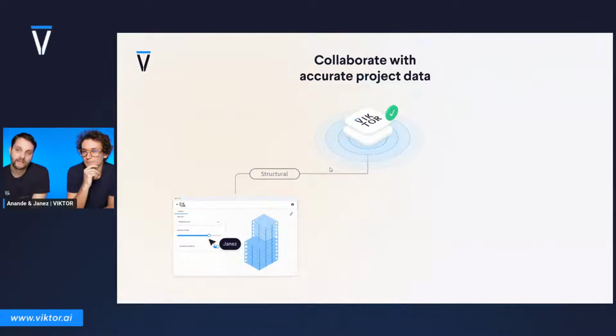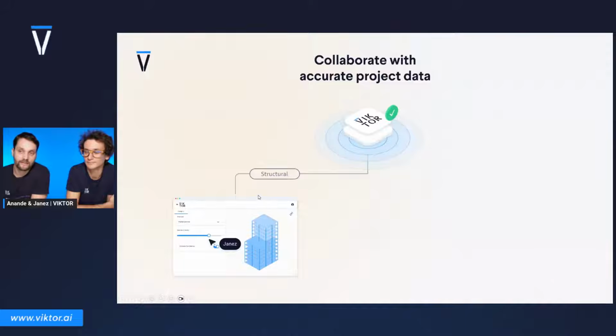At the same time, each design has version control. So if I change something and then Yanis gets into the design two days later, he will be able to see that I changed something, and what I changed. He's able to go back to the previous design, and it's all out of the box. You don't need to do anything to get this done. It's just standard built into your VIKTOR apps.